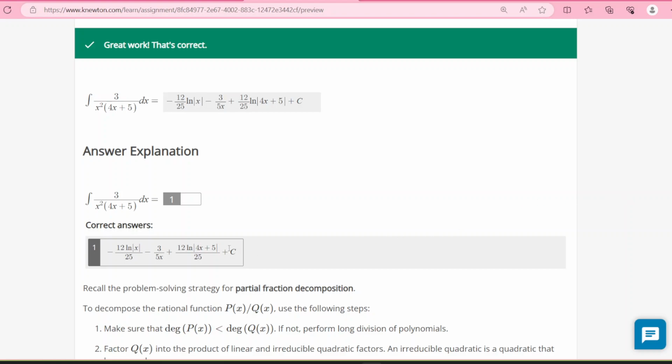Great. Yeah, so they wrote it a little differently. It's really no different. So again, you may have something that looks different than theirs, but as long as they're equivalent, they'll be accepted.